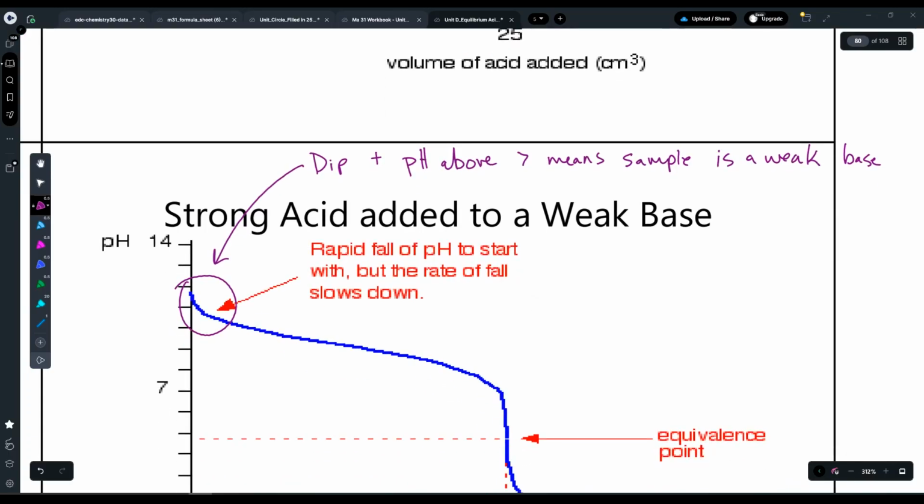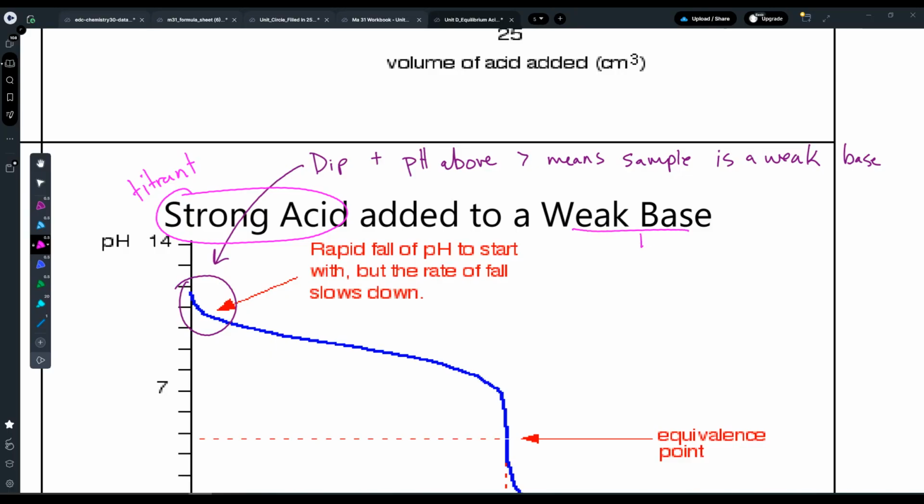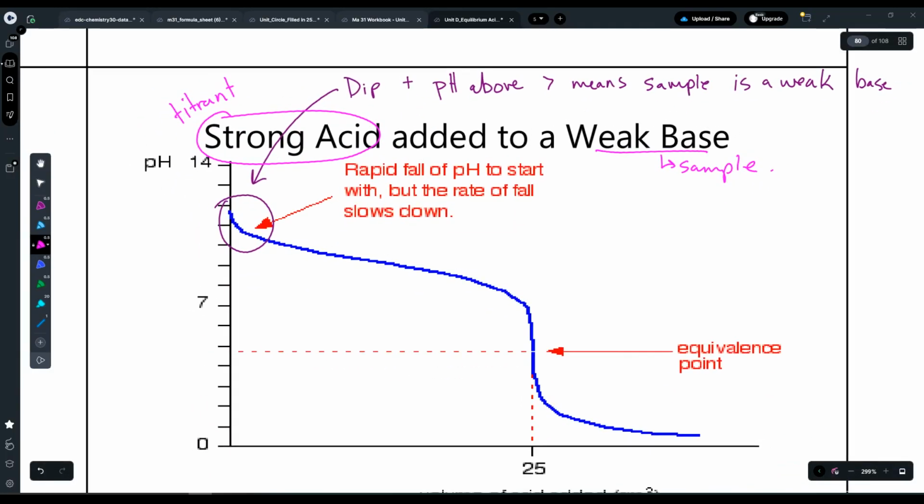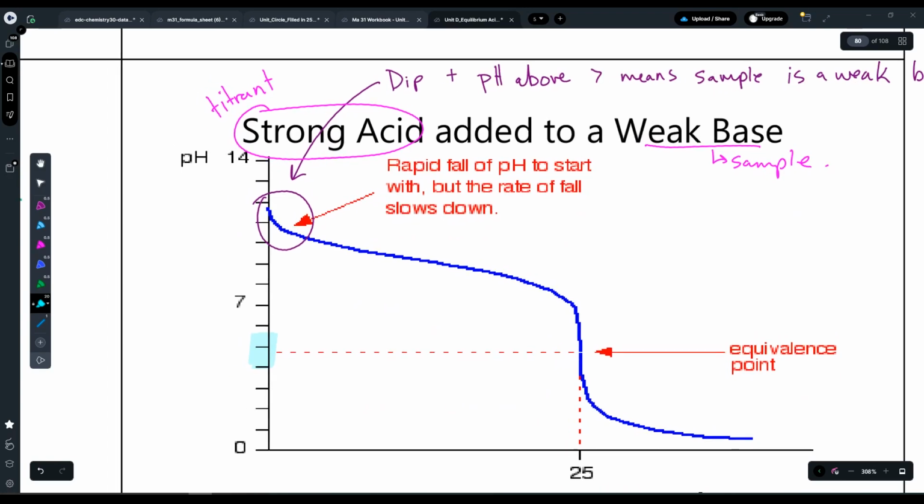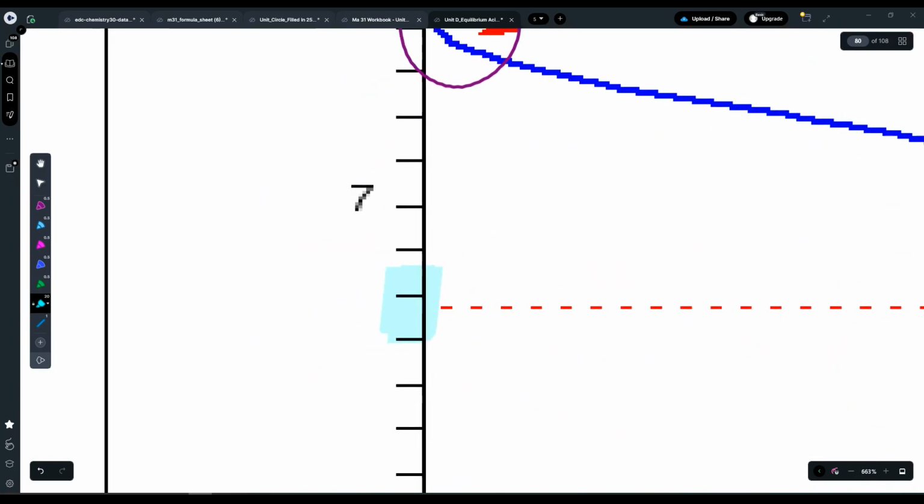Okay, which matches up with the title: strong acid added to a weak base. Whatever is being added is the titrant. This is the sample. So again, the main idea here is that the pH of the endpoint is below 7 when you have a strong acid and a weak base in a titration.